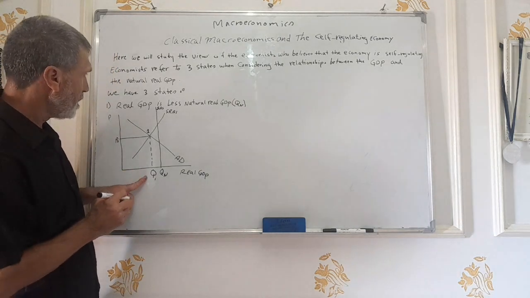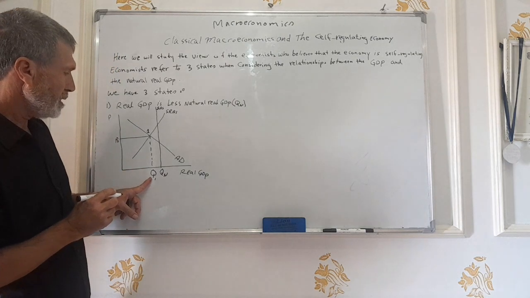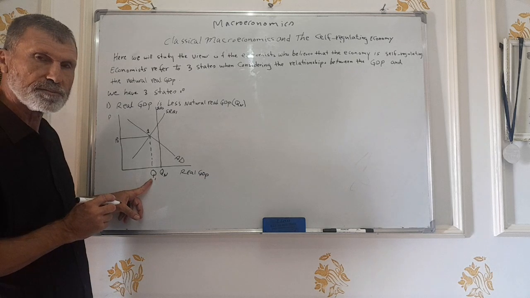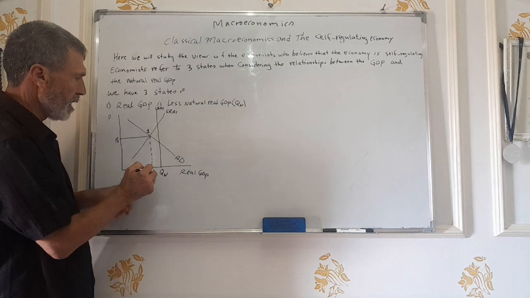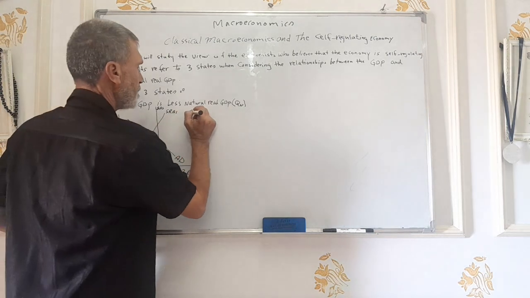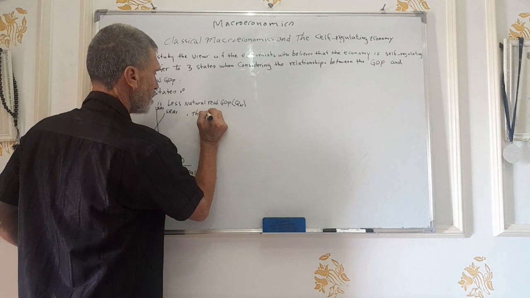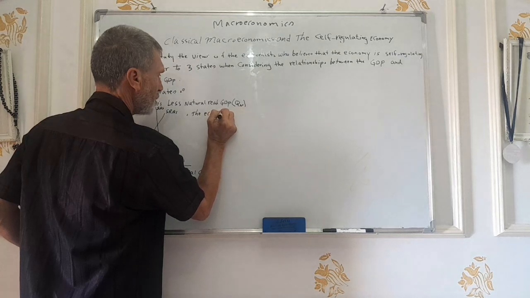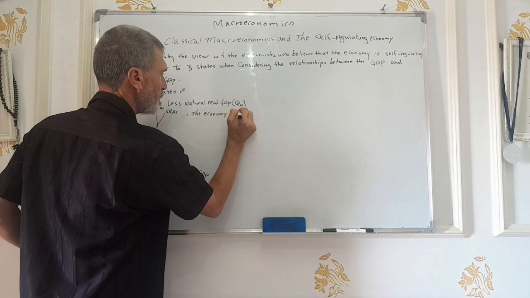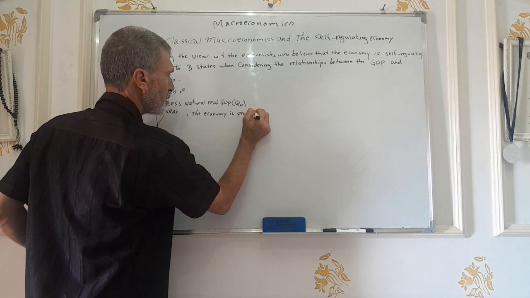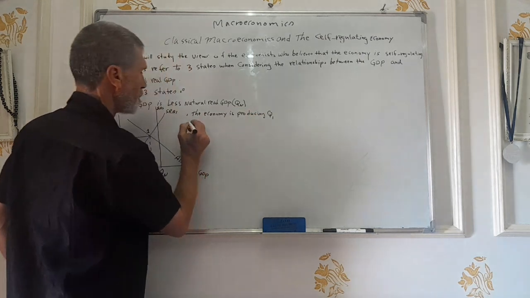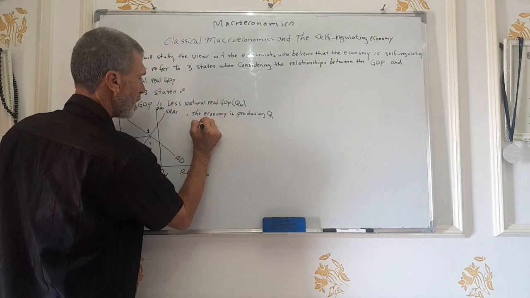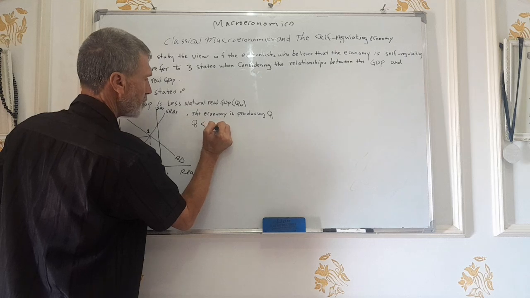As you can see here, Q1 is the short-run equilibrium, where aggregate demand intersects the short-run aggregate supply. The economy is producing Q1, which is less than Qn.